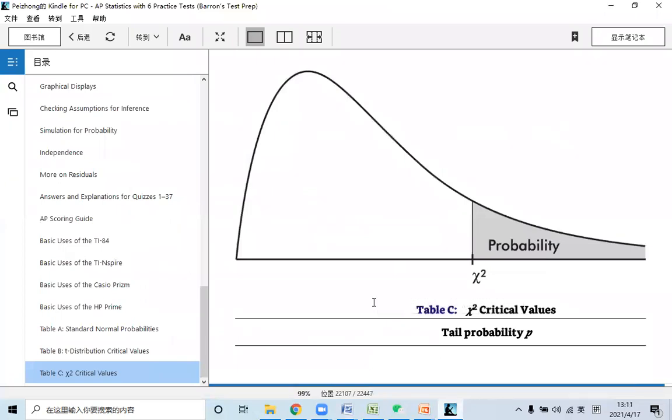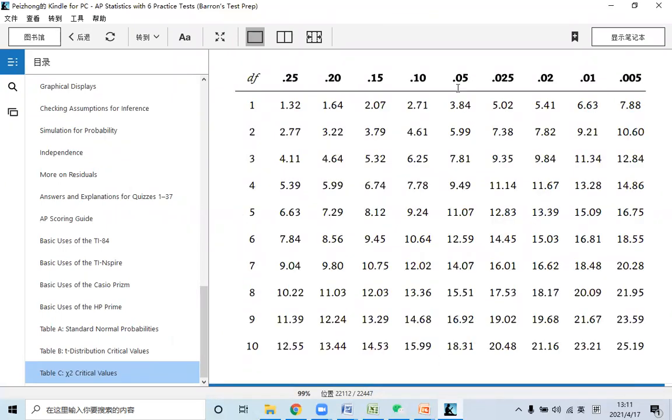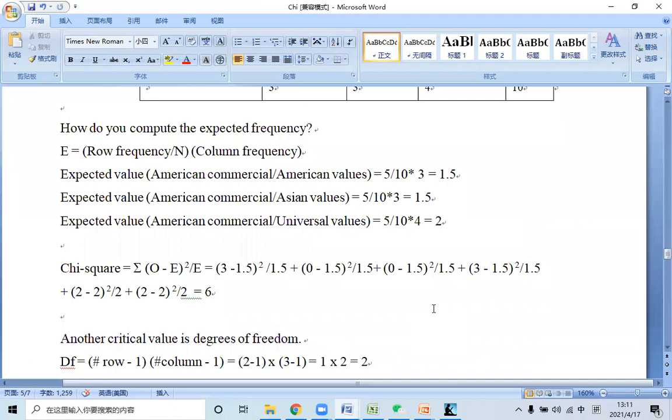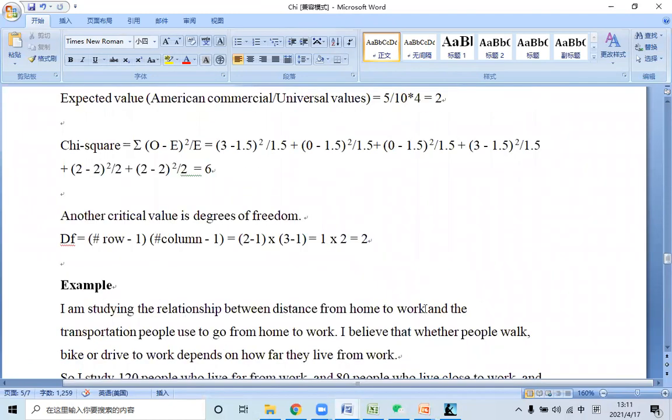With 2 degrees of freedom, let's use 0.05. 0.05, 2 degrees of freedom, 5.99. And that's the cutoff.